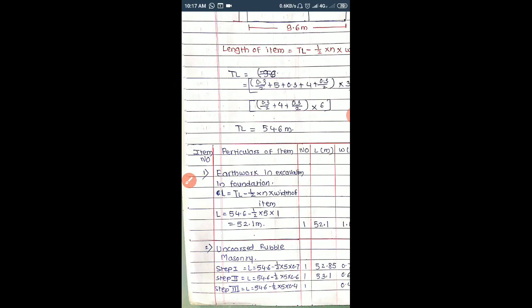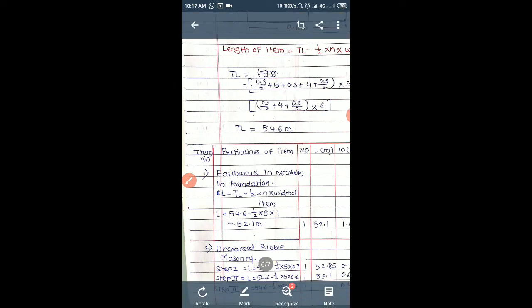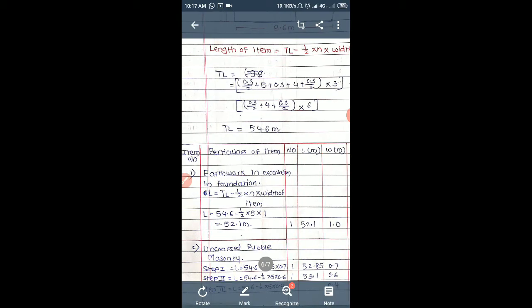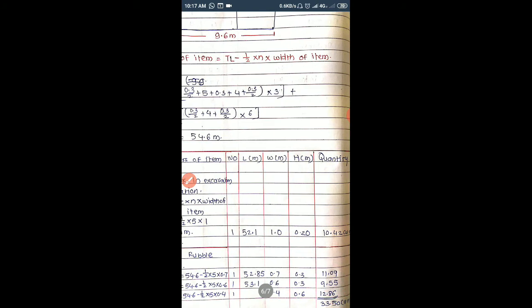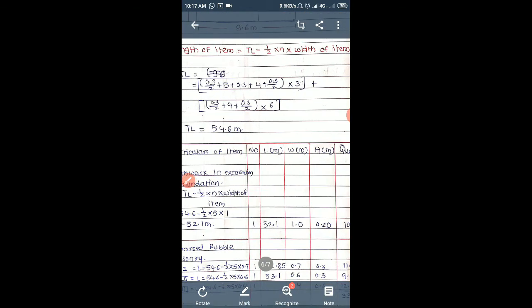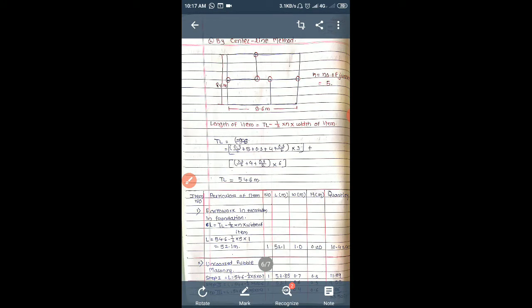For each particular step, consider the width separately, along with the respective height, and calculate the quantity of uncoursed rubble masonry.